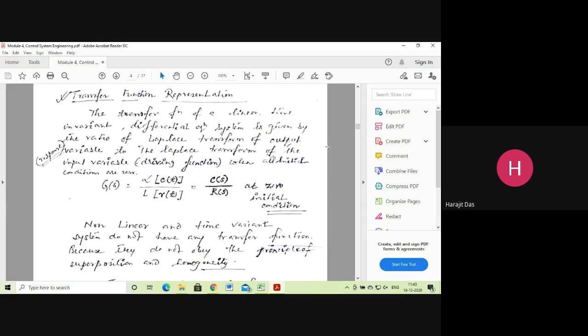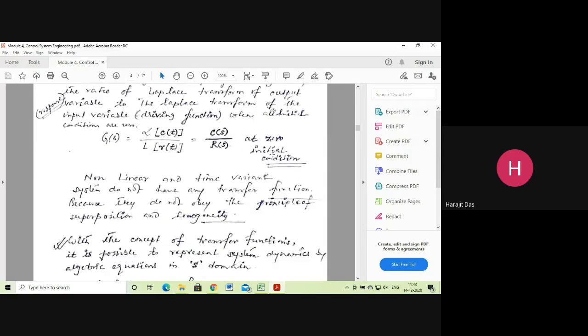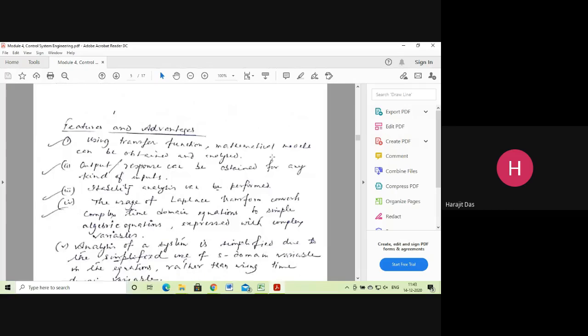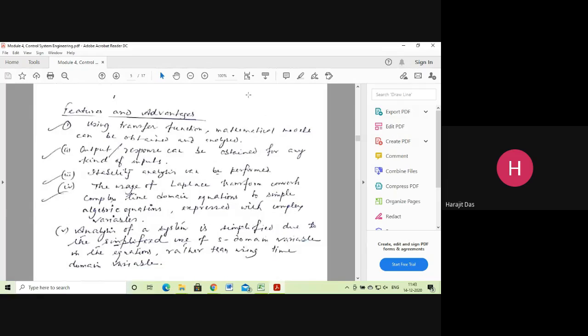Before knowing the definition of the transfer function, first we will see the features and advantages of transfer functions in control system engineering. So what does a transfer function do? Using the transfer function, mathematical models can be obtained and analyzed.